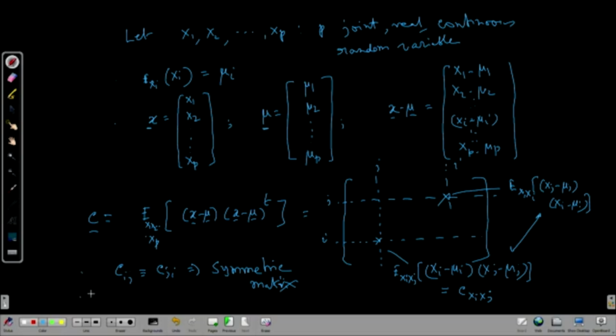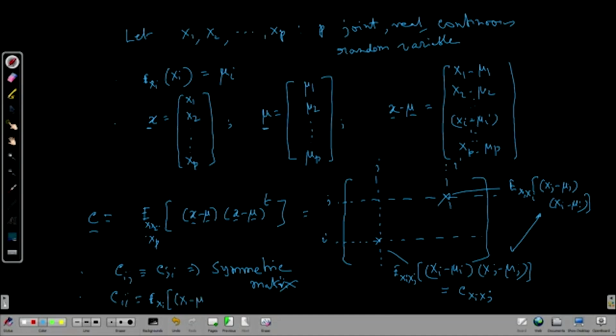Another one, C i comma i, that is the diagonal, ith row, ith column, both are the same. That will be E of xi minus mu i, xi minus mu i, since j and i are the same now.